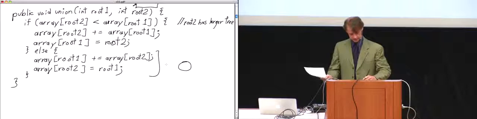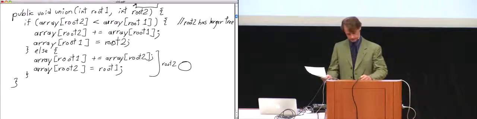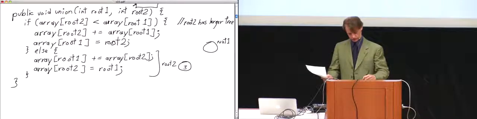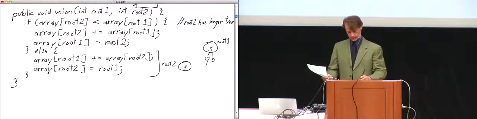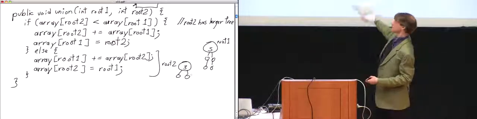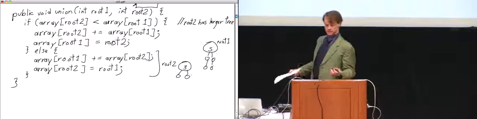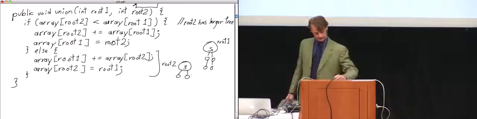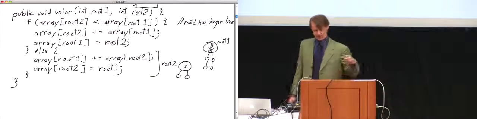So if this is root 2 here, and this is root 1 here, and root 2 is the root of a tree of size 3, and root 1 is the root of a tree of size 5, then what these two lines of code are going to do is the first line adds their sizes together and fixes root 1 so that now it says 8.